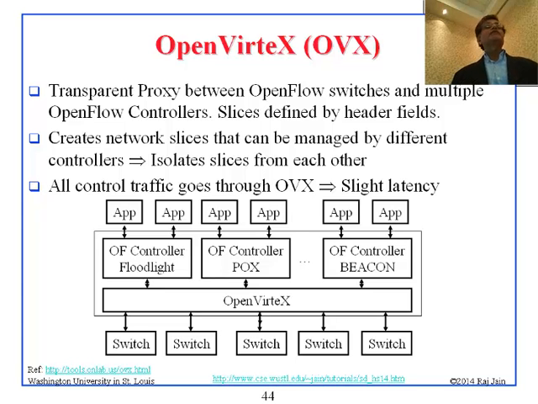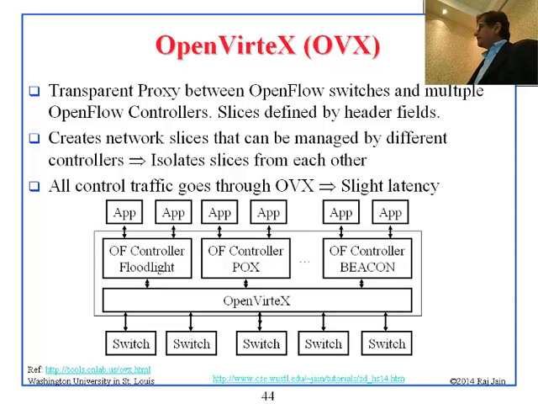Then there is a module from Stanford, also called OVX, Open Vertex, which sits right here under the controllers. And this allows switches to be virtualized and each virtual switch to report to a different controller.